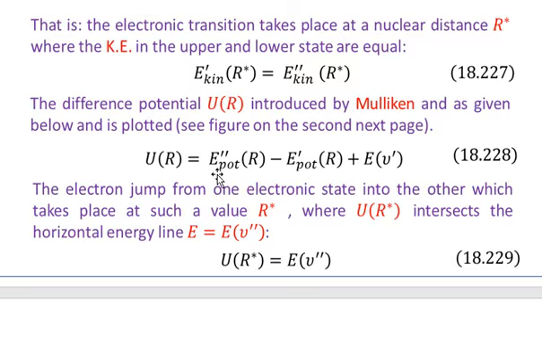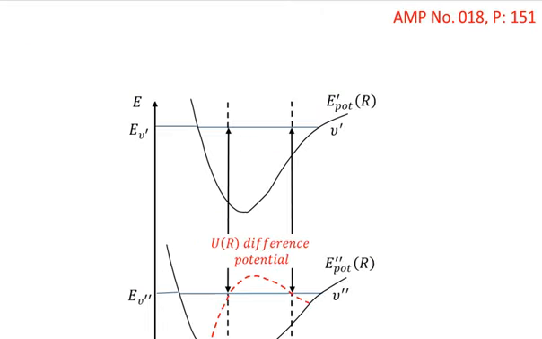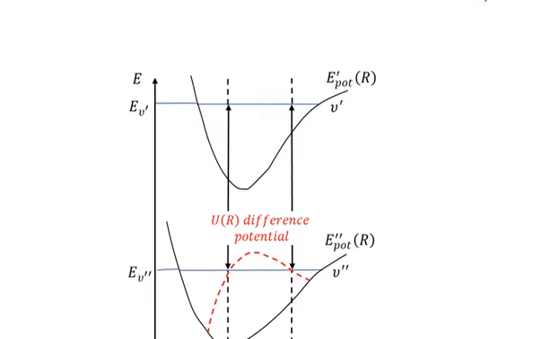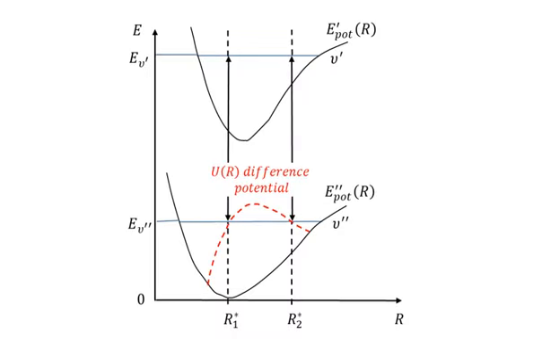So first of all, let me explain this potential using the diagram which has been referred. See the figure on the second next page. That is this one. In order to explain it very quickly, I am showing you the lower potential curve, the lower electronic state, with the potential E double prime as a function of R. And then E single prime as a function of R is the potential corresponding to the second electronic state.